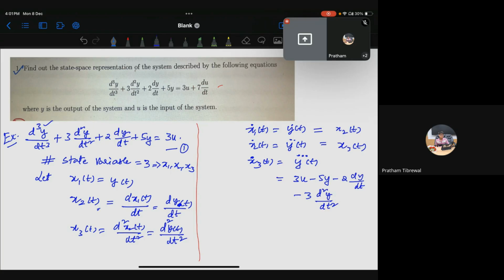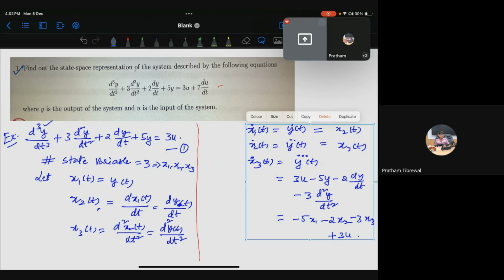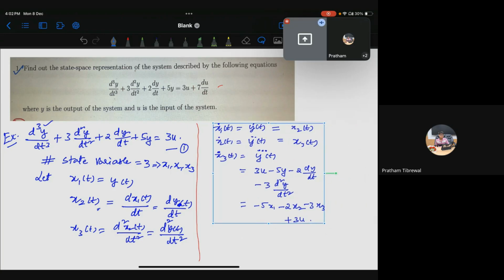And y triple dot I can write as minus 5x1 minus 2x2 minus 3x3 plus 3u. Is this clear? Any doubts in these equations? Simply, given a system of equations, this is how we write the state space form. That is the intention.